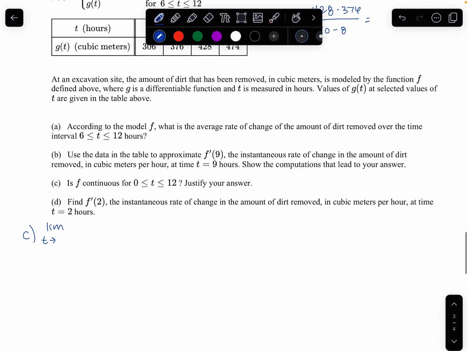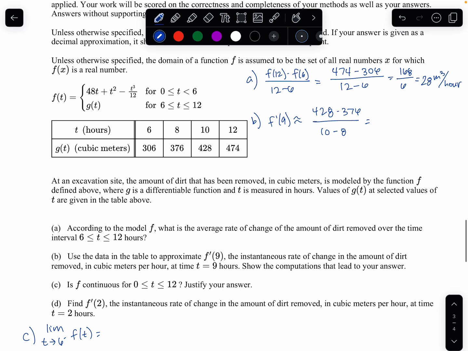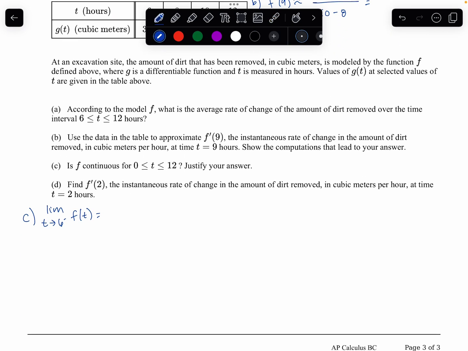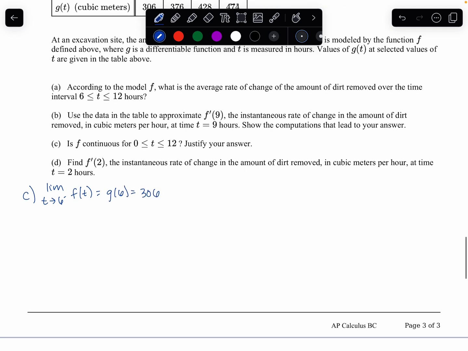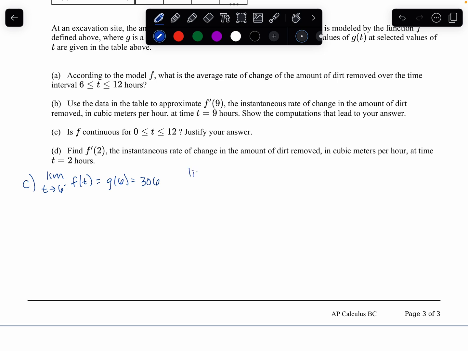So the limit as t approaches 6 from the right of f of t, so if I plug in 6, I'm going to get 306. So it's equal to g of 6, which is equal to 306.